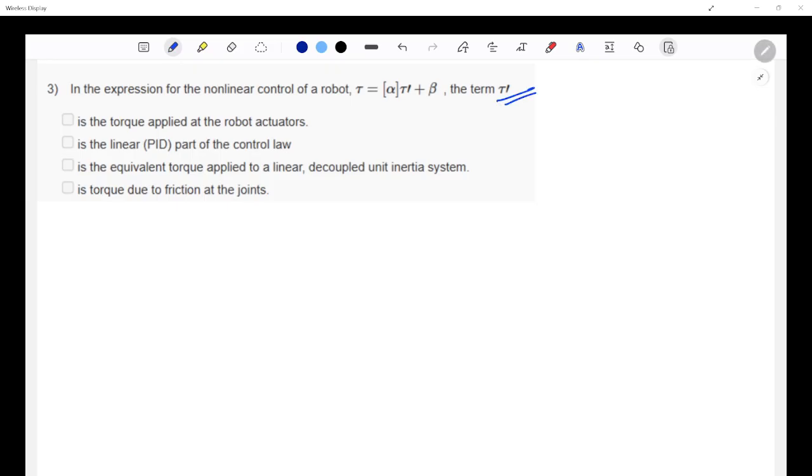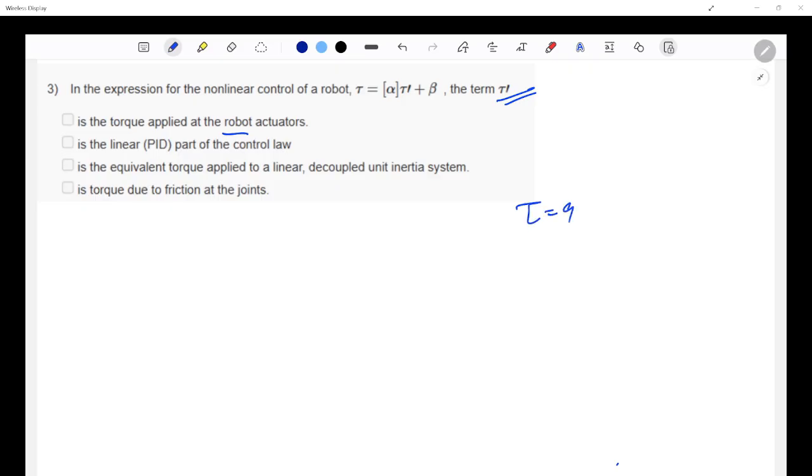The term tau dash is: the torque applied at the robot actuators; the linear PID part of the control law; the equivalent torque applied to a linear decoupled unit inertia system; the torque due to friction at the joints. Okay, this is a very conceptual question. So what does this tau dash represent?